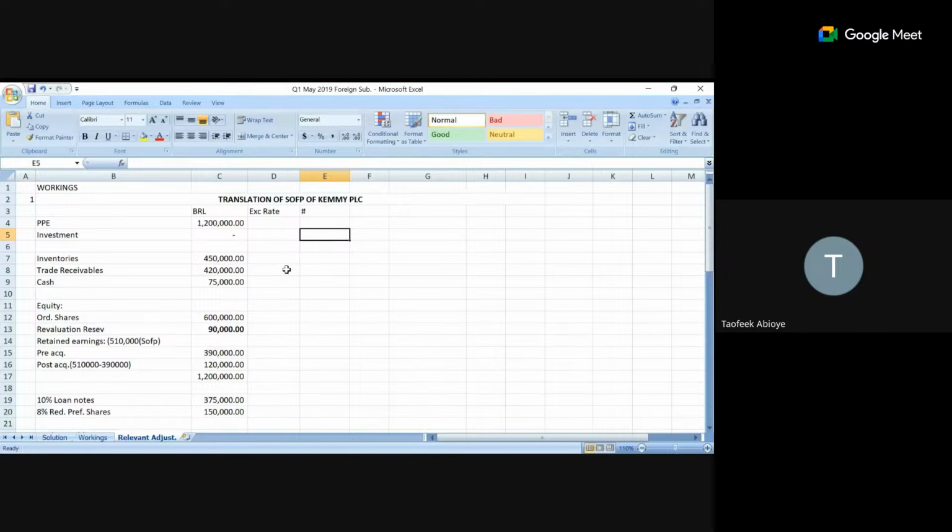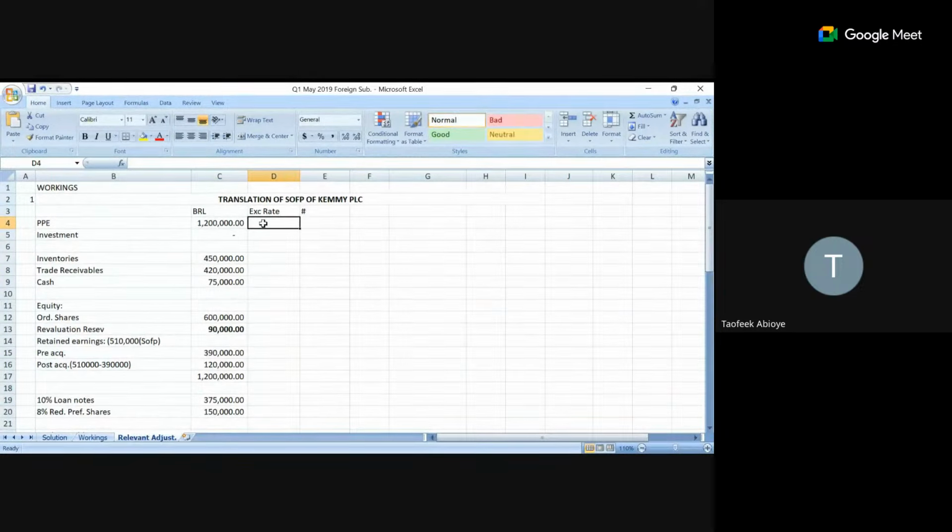So now let's start. What are we going to do? We go to the financial statement and pick the financial statement of Kemi. Please, let's go back to the group and check the question so that we are on the same page. If you check the question, the PPE of Kemi is 1.2 BRL.